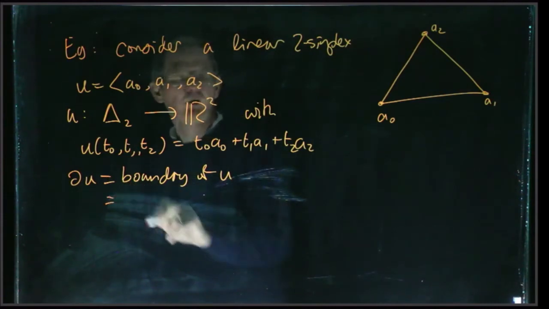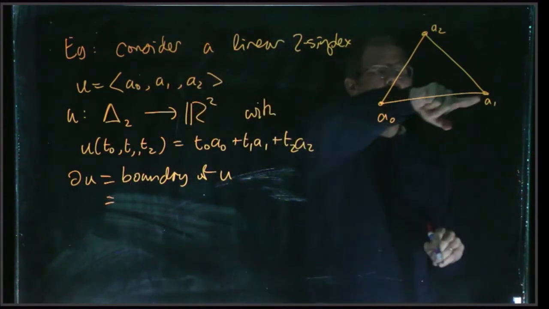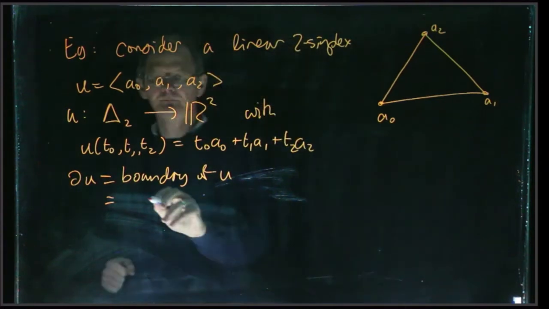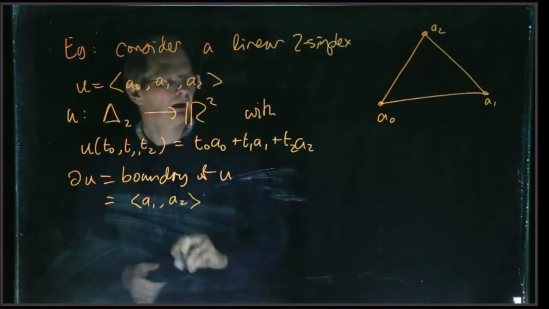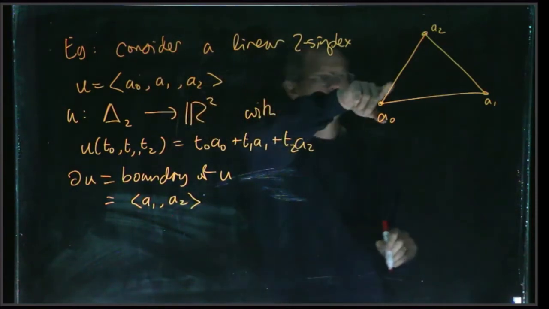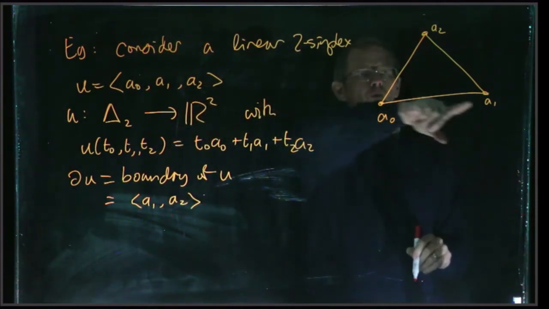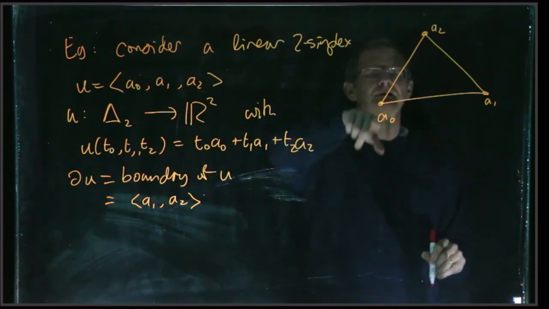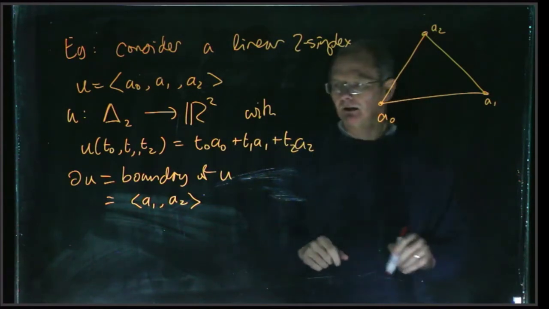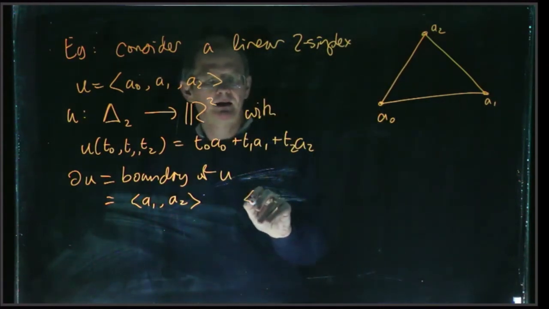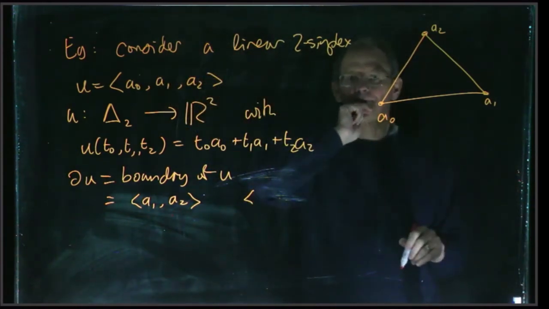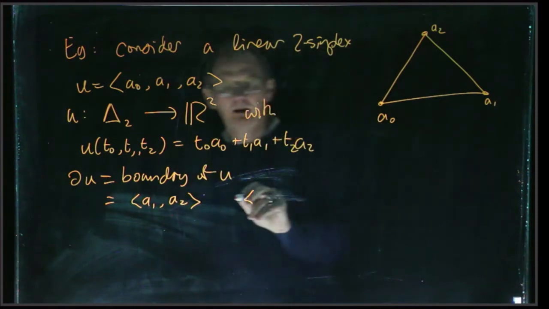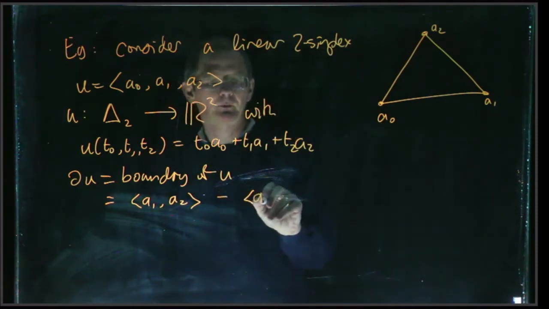So what are these three edges? Obviously there's an edge here from A1 to A2, so that's going to be one of them. And then there's also an edge from A0 to A2 and an edge from A0 to A1. So the next term, that was A1, A2, and then we're going to do A0, A2 here, but I'm going to put in a minus sign.